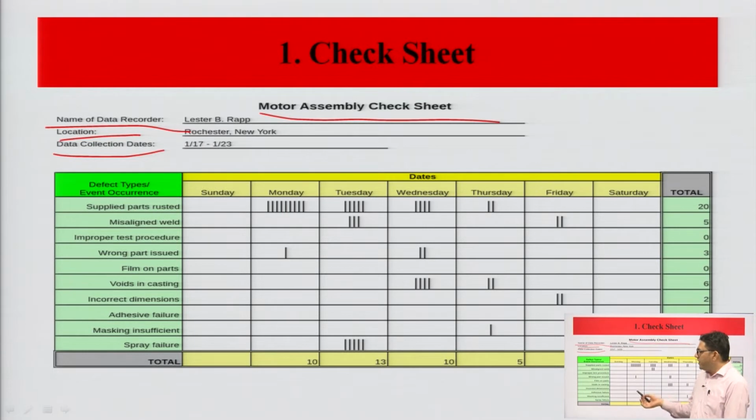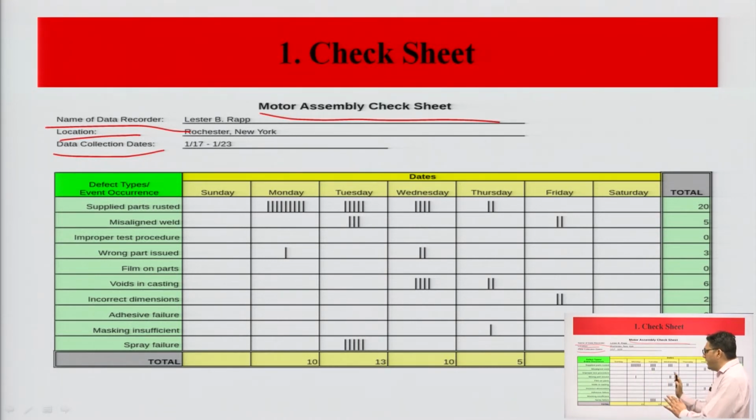Some of the variables we have picked up are: supply part rusted, misaligned weld, improper test procedure, wrong part issued, film on parts, void in casting, incorrect dimension, adhesive failure, masking insufficient, and spray failure. These are some parameters that we can identify.